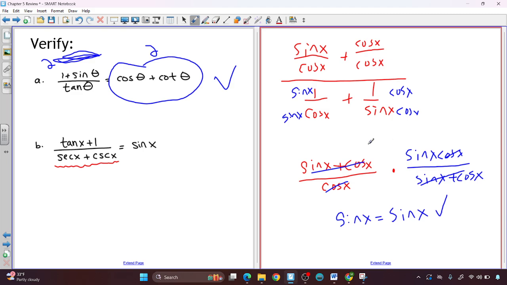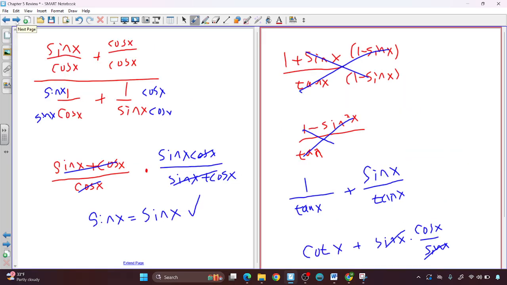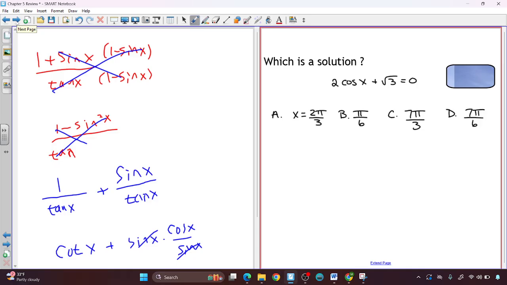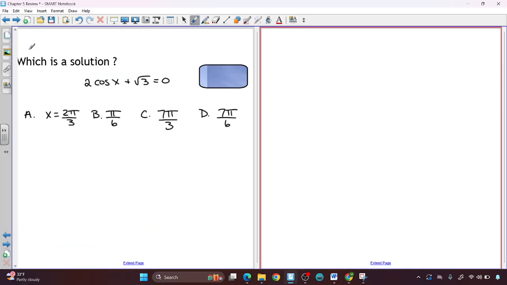So that also worked. Which is a solution?